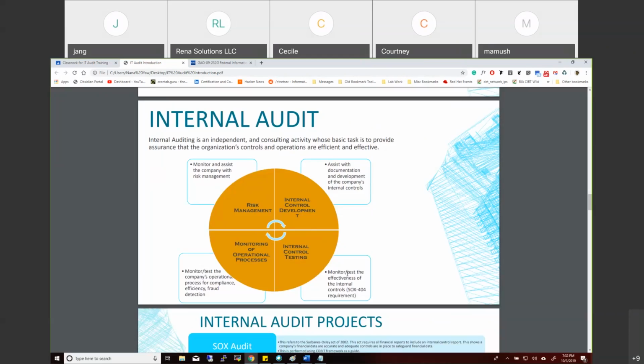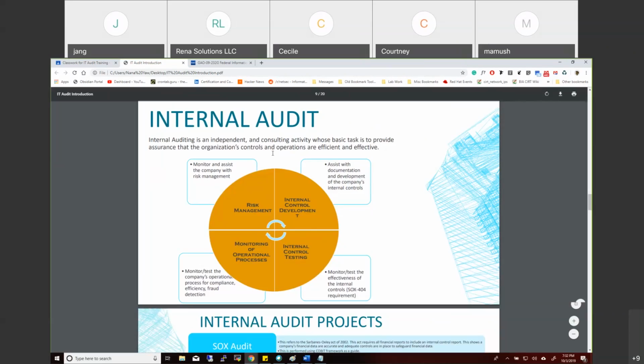They're there to help the company identify the risks they're being exposed to and help lower those risks by developing controls, testing those controls, and also what we call monitoring of the controls to make sure they're still working and reducing risk. Think of this as your job responsibility.